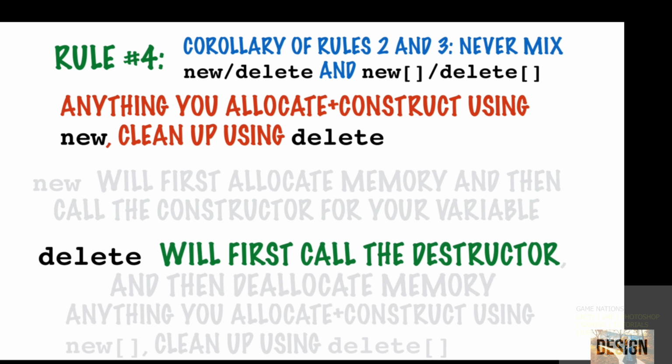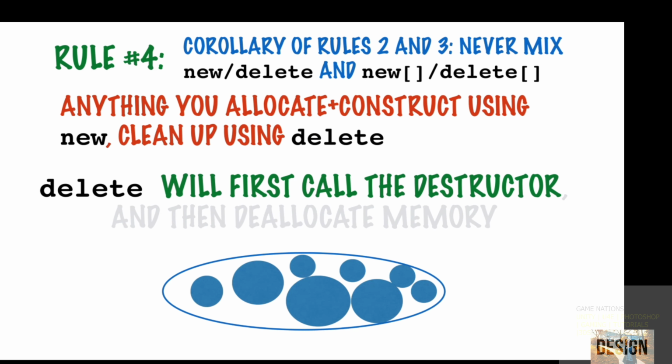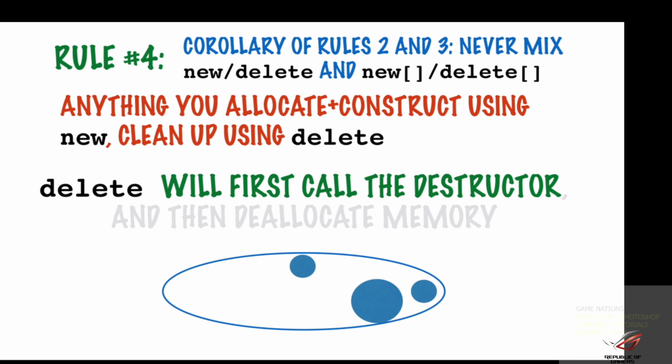Now for delete. Delete will first call the destructor on the object created. So remember, this is how the object looks initially. It's got space to live in and each of its member variables has some value, indicated by the solid circles. Delete will call the destructor, which will ensure that all the member variables are cleaned up correctly.